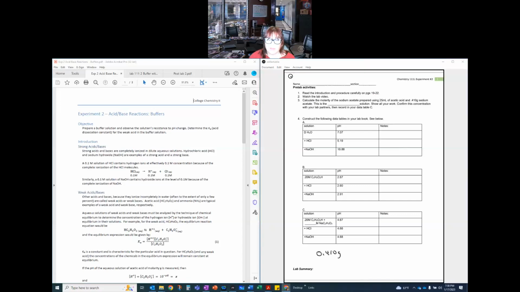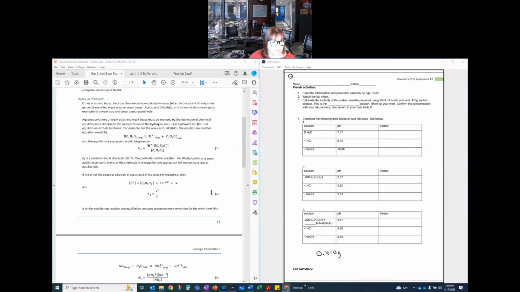As I indicated, there's a typo in the lab manual. Sodium acetate should be NaC2H3O2. That is not what it says somewhere in here.